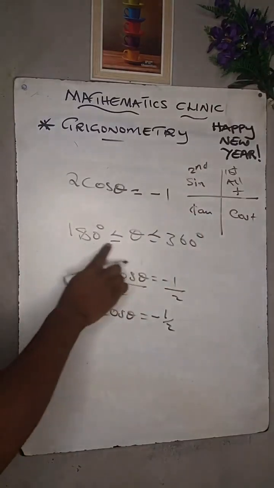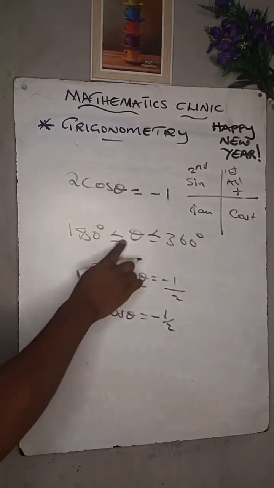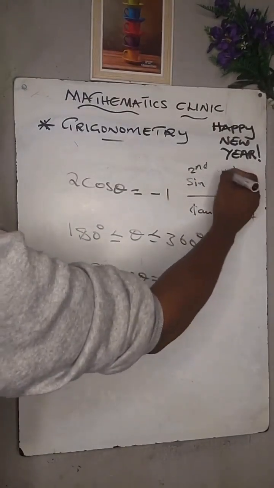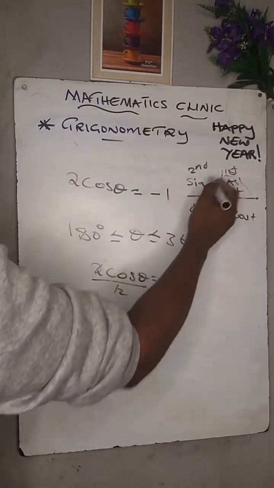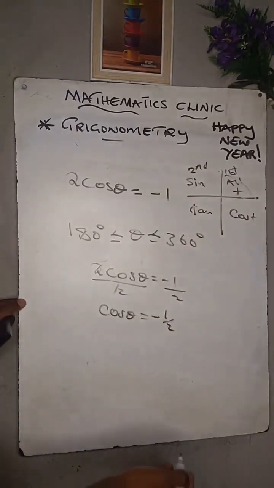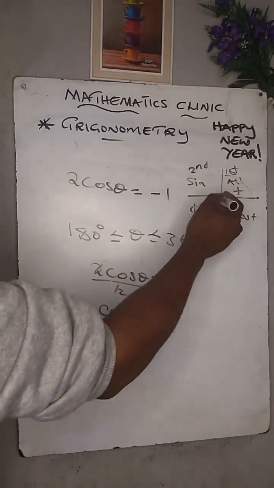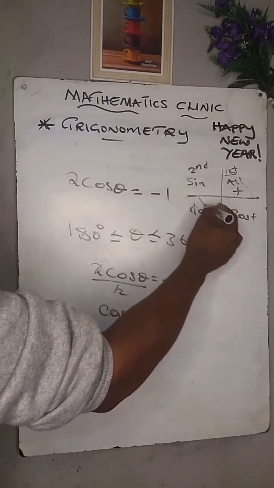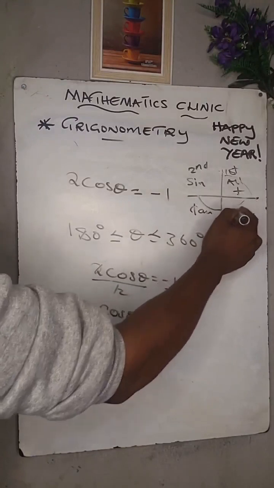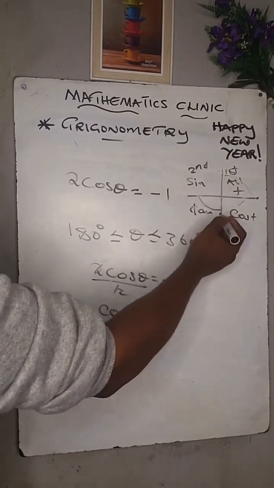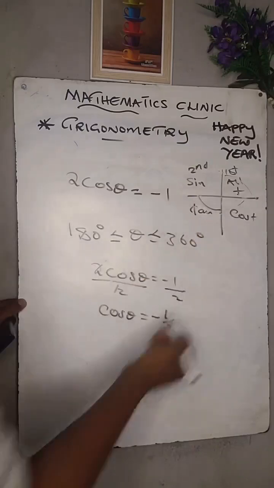But the information here is saying that it's greater than 180, because from this point to that is a 90 degree angle, and from this point to that is 180, making a straight line. Greater than 180, it is in this quadrant: from 180 to 270, then from 270 to 360.